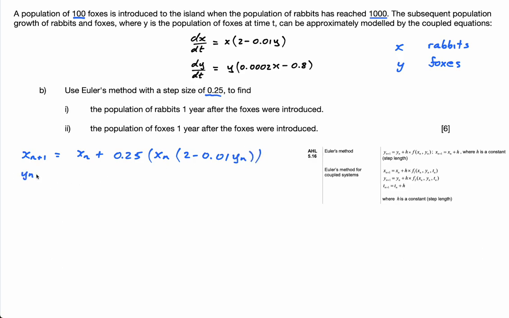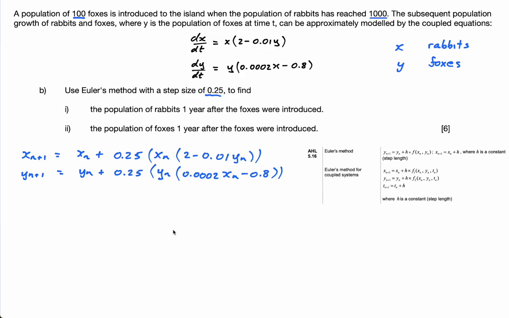And then y of n plus 1 is equal to yn plus 0.25 times yn times open bracket 0.0002 xn minus 0.8.